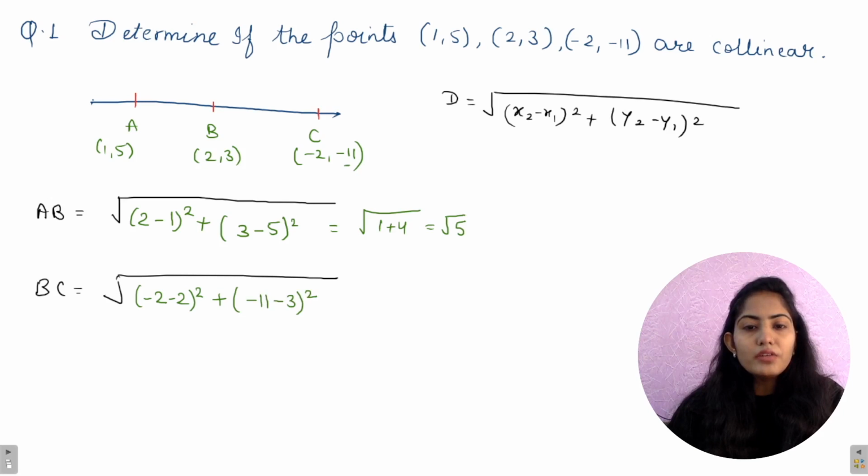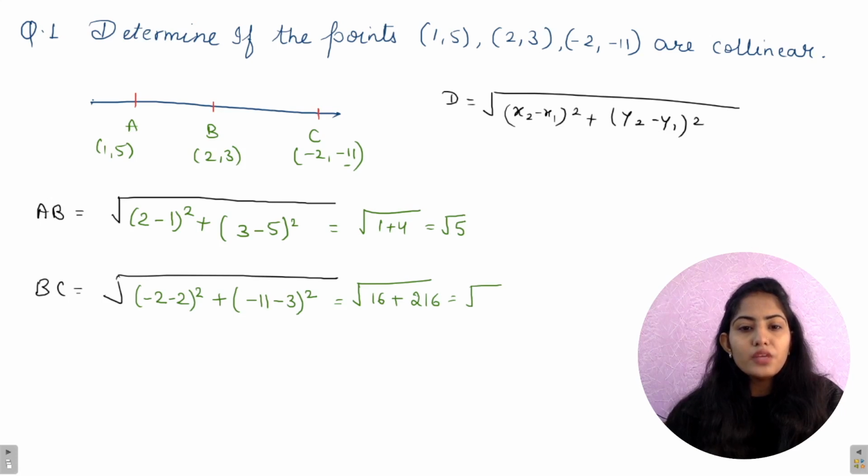So now it will become root of minus 2 minus 2, that is minus 4, square is 16, and minus 11 minus 3, that is minus 14, square of 14. I must say something is fishy here.